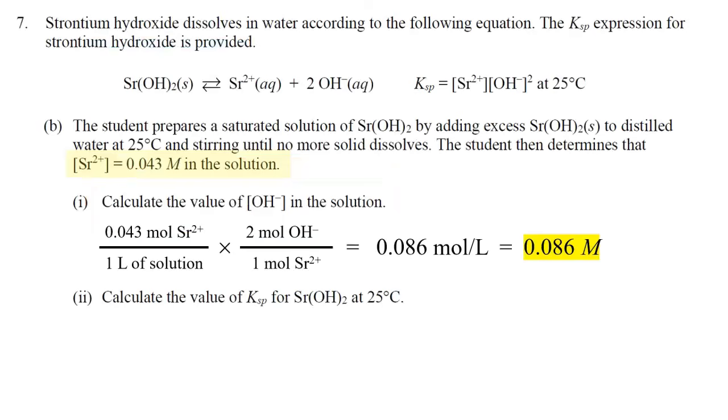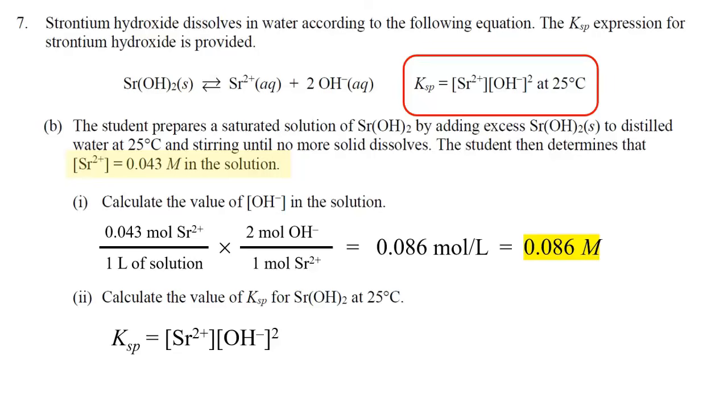Now, on to part B-II, which says to calculate the value of KSP for strontium hydroxide at 25 degrees Celsius. We are given the KSP expression in this problem, although that wasn't necessary. You should know how to write the KSP expression for strontium hydroxide based on the fact that it's going to be the concentration of strontium times the concentration of hydroxide squared.